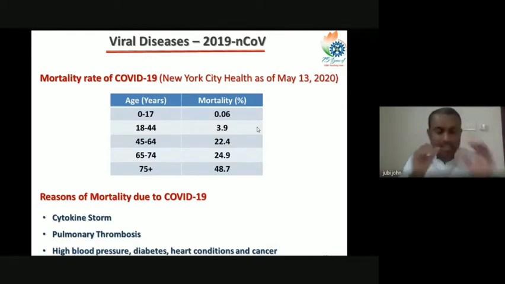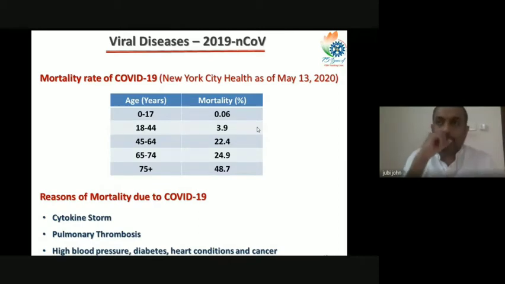And what are the main reasons for these deaths due to COVID-19? The main reason is the pneumonia which occurs as a result of COVID-19. The other recent reasons that were identified, the first one, is cytokine storm.